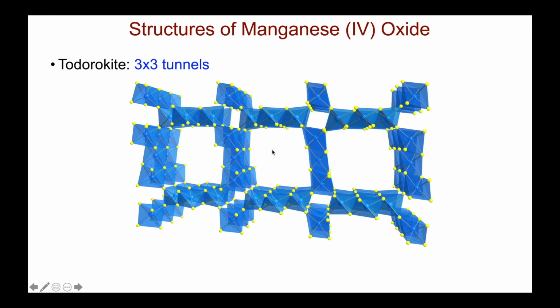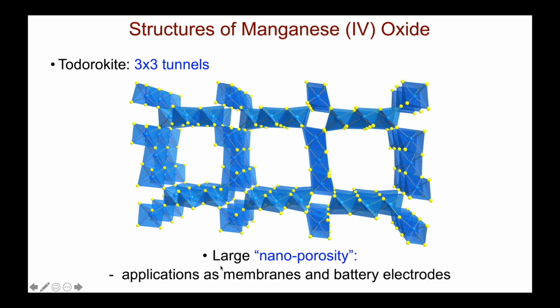And here we can not only insert lithium, but even larger molecules, because the structure has a very large nanoporosity. And as a result, this structure is rather interesting for its applications as membranes and as battery electrodes. So, one chemical formula, MnO₂, but depending on the arrangements of the polyhedra, many different possible structures with different interesting geometries.